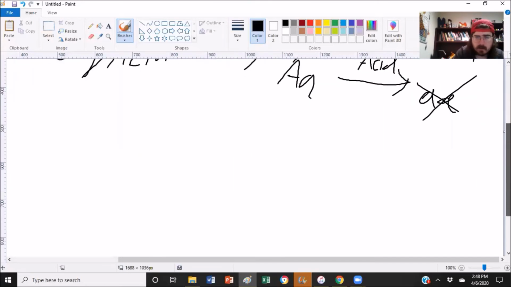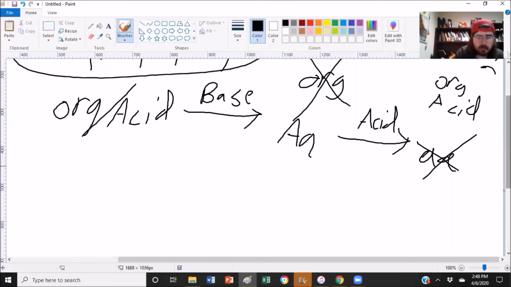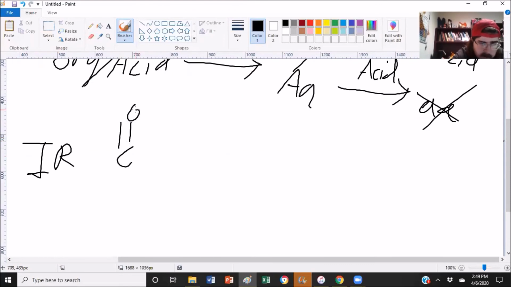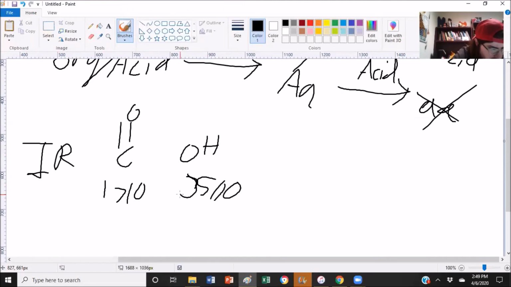So, okay. More properties. When we look at spectroscopy, IR can sometimes be confusing, but IR should contain a carbonyl group and an OH group. But the carbonyl has been typically shifted a bit, and the OH is usually shifted quite a bit, from 3,500 to 2,500.